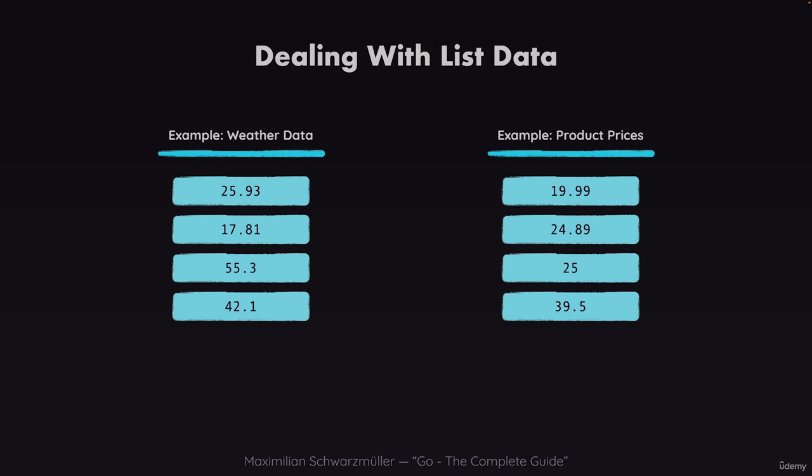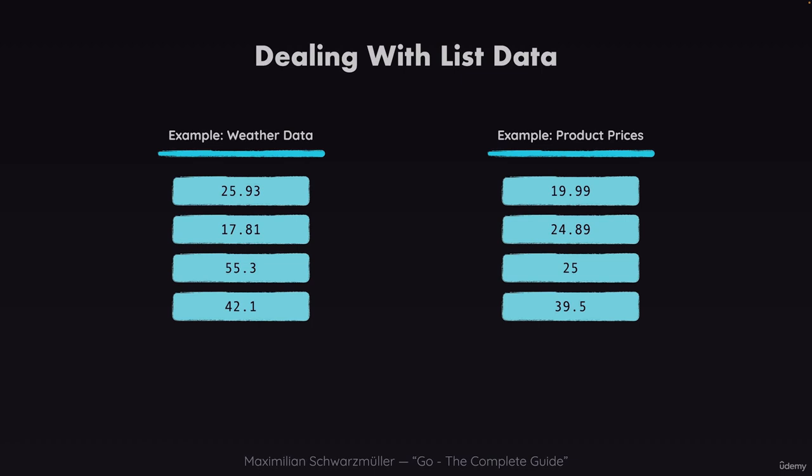For example, some weather data, maybe some product prices, which we want to analyze. Doesn't matter. We get different pieces of data. Let's say different numbers. Now, they all express the same thing. For example, if we get temperature values, every number might express a temperature in Celsius or Fahrenheit. But we of course have different values.